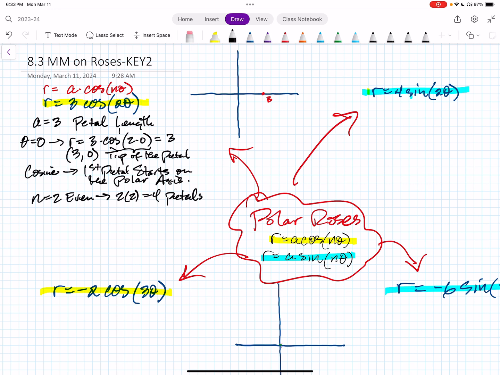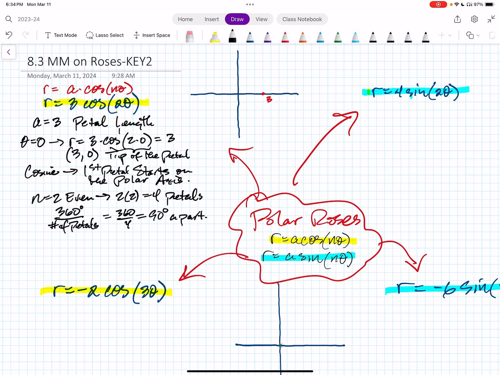The last thing you need to know is how many degrees apart they are. All petals are evenly spaced around the circle, so you take 360 degrees divided by the number of petals, 4, and that tells you they are 90 degrees apart.